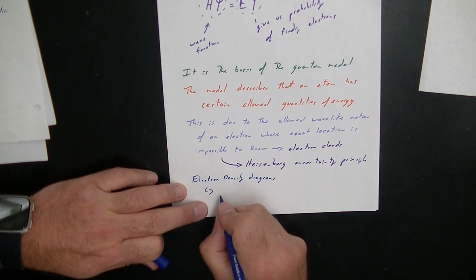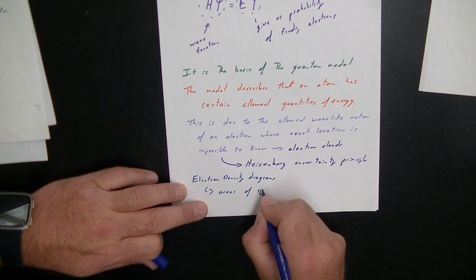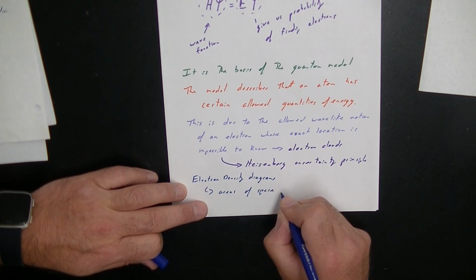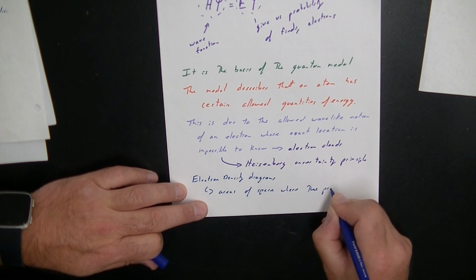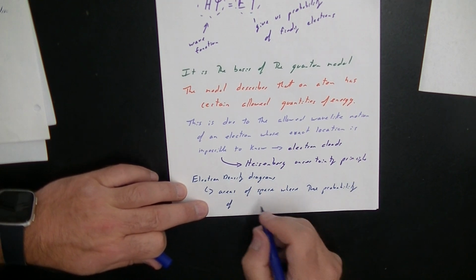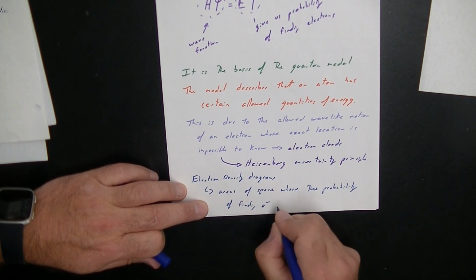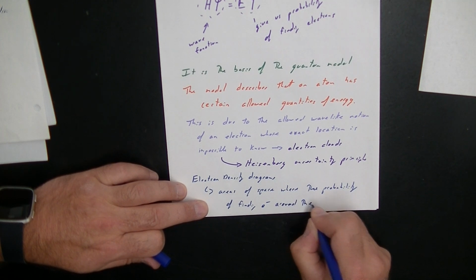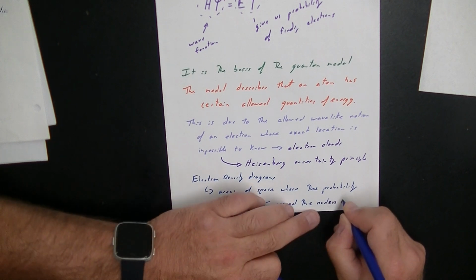And these are areas of space where the probability of finding electrons around the nucleus is high.